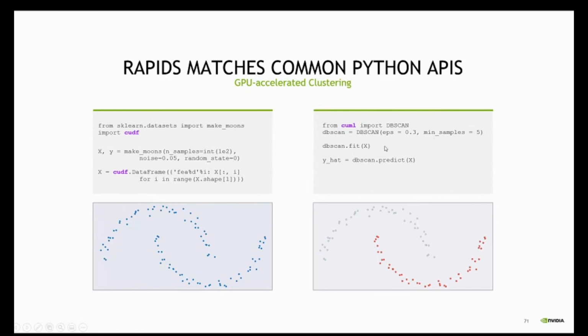So you as a user who are used to pandas and scikit-learn now don't have to learn any new API and can still use the same API and move your workloads on top of the GPU. We have tried to make very similar APIs for each of these frameworks so that you as a user don't have to go through the hassle of going through the documentation and finding the right API for running your workload on top of Rapids.